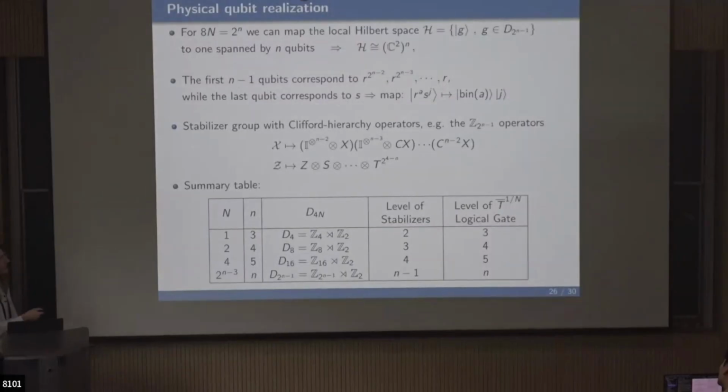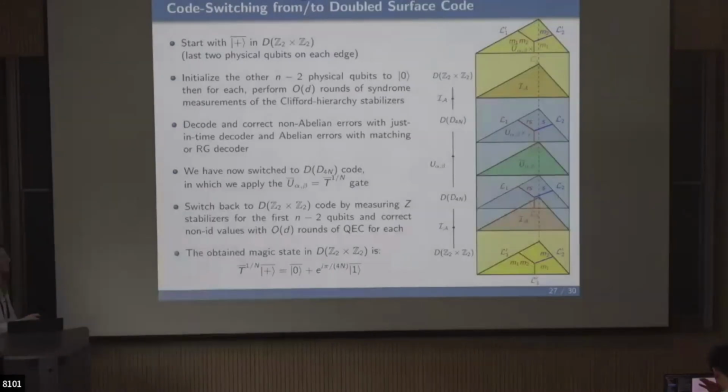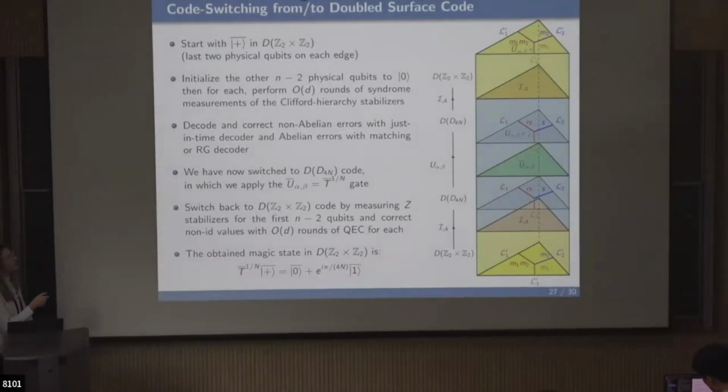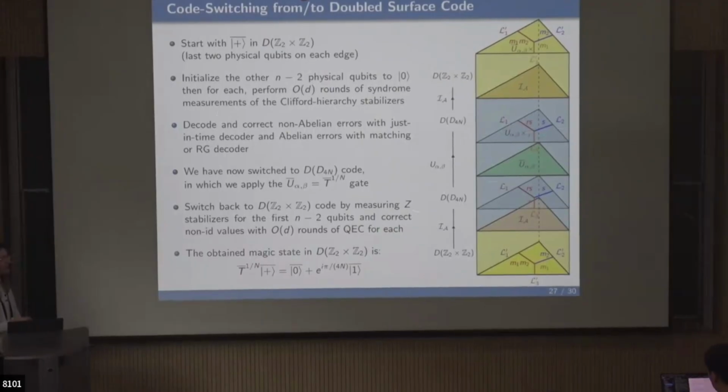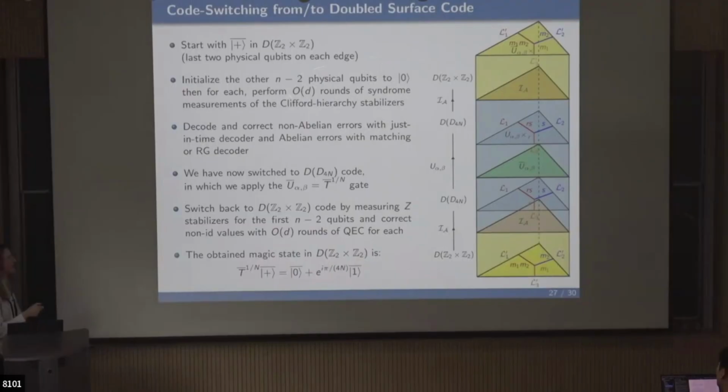So remember that we have this qubit mapping and we will take one of them to correspond to s and the other one to correspond to r, okay? Then we need to couple it to another n-2 qubits and initialize them to 0. And then we need to measure the stabilizers, okay? And this operation of doing these rounds of measurement will create this D4n code, basically by gauging measurement.